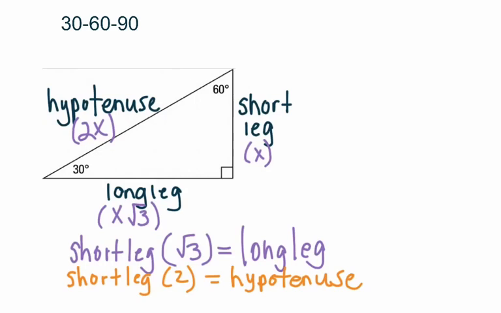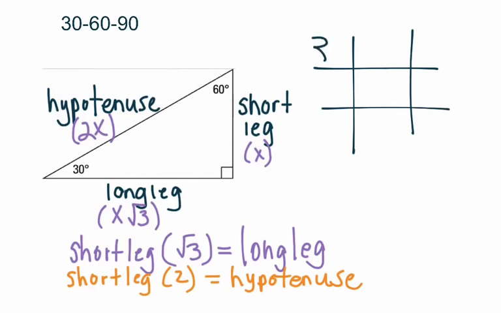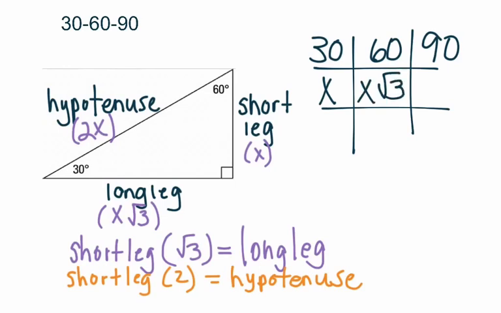I use the grid format just like for the 45, 45, 90: 30, 60, 90, x, x times square root of 3, and then 2 times x.